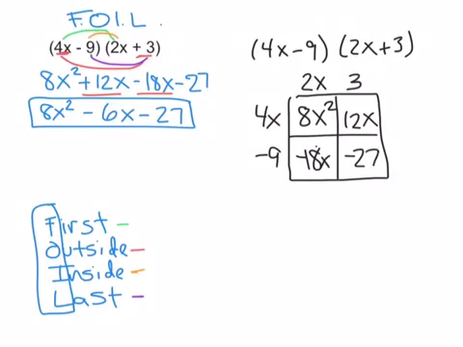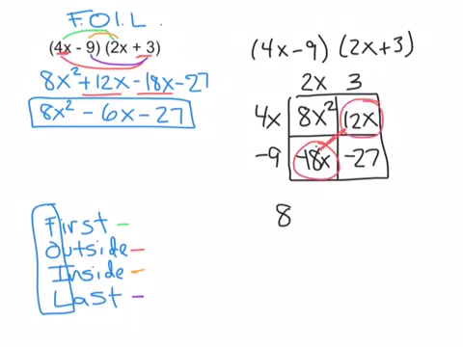Now notice, these 4 terms are the exact same 4 terms that we had right here: the 8x squared, the 12x that's positive, the 18x that's negative, and the negative 27. When we rewrite this, we first look for any like terms in our array. We have an x squared term and no other x squared term. We have an x term and another x term. Because those are both x terms, we can combine them when we write our solution.